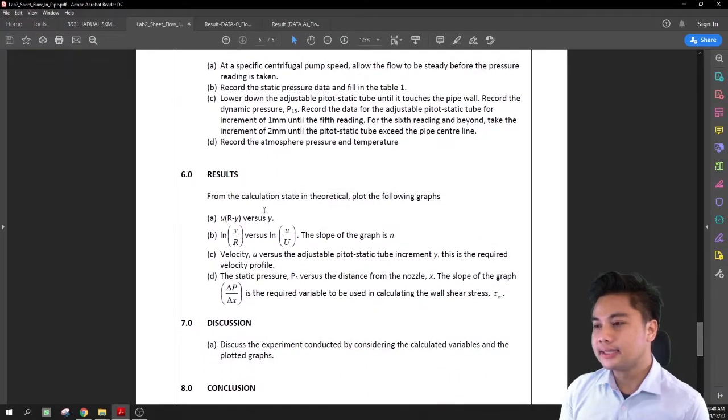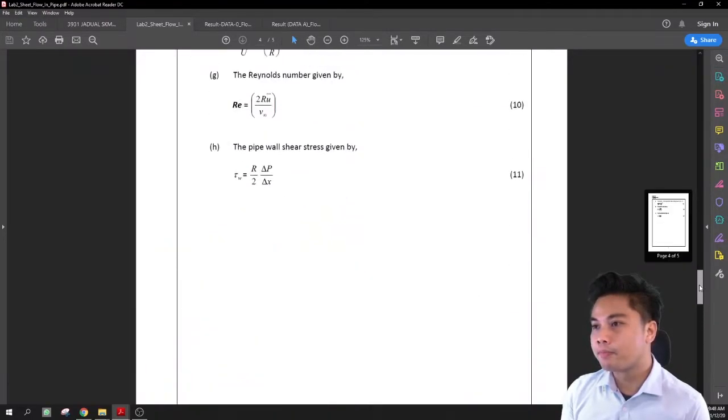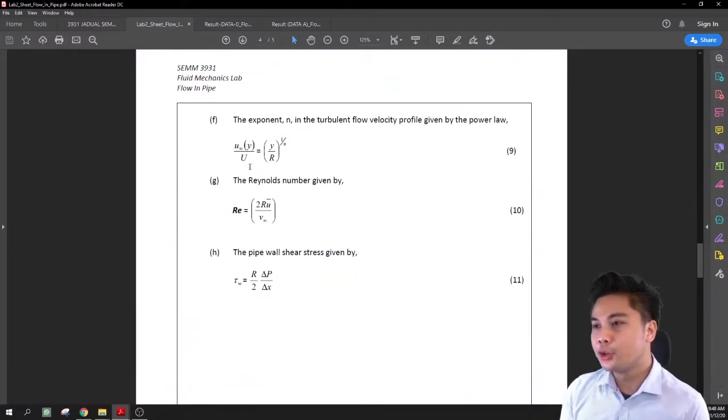How is it captured? It is captured from this part. You take the ln of this part and the ln of this part, and then you move 1 over n to the other side. It becomes the gradient. This gradient you need to calculate on your own, then you will find the n.